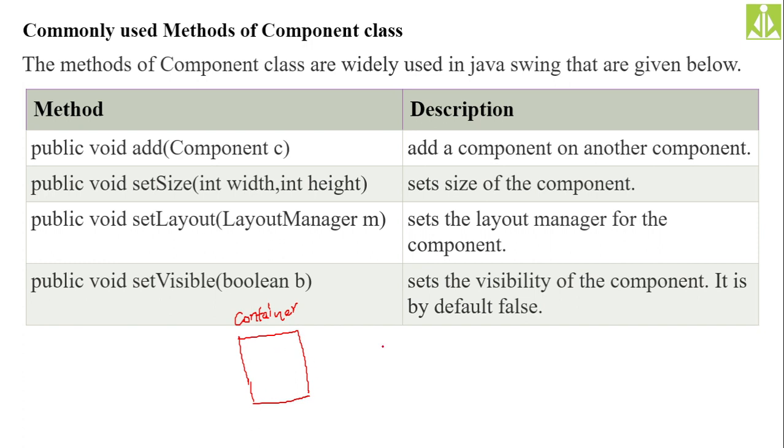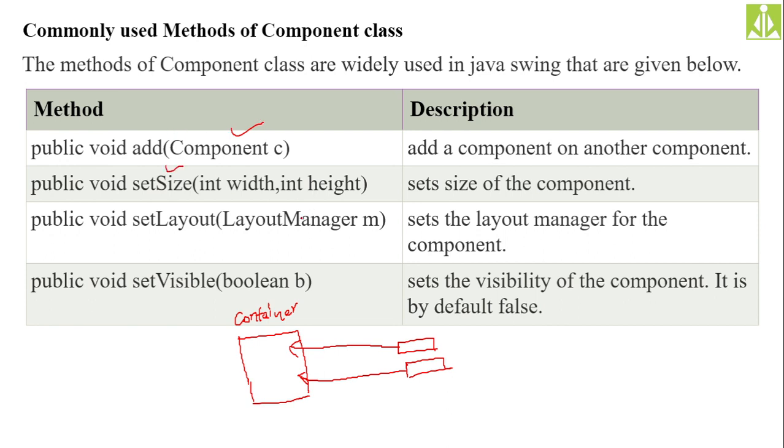First we create the container, then we create components like buttons and text areas. After that, we add these components to the container so that they give the look and feel. So the add method is helpful in adding components to your containers.